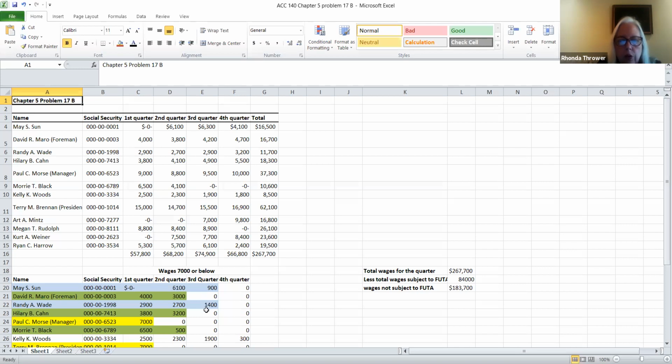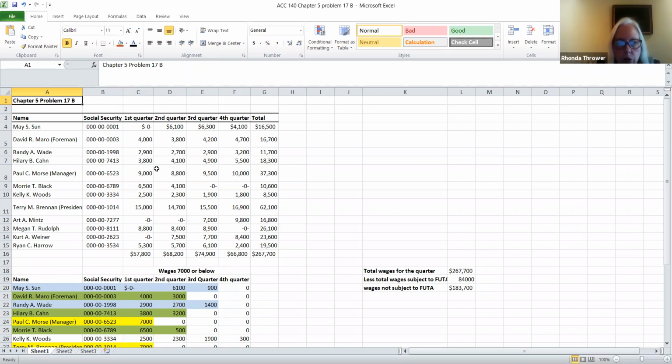So only part of the third quarter's wages is subject to that FUTA tax. Subtract $7,000 minus the $5,600. That will leave you with $1,400 that is taxable for FUTA purposes for Randy Wade.